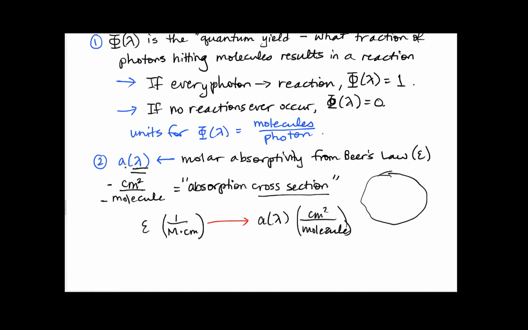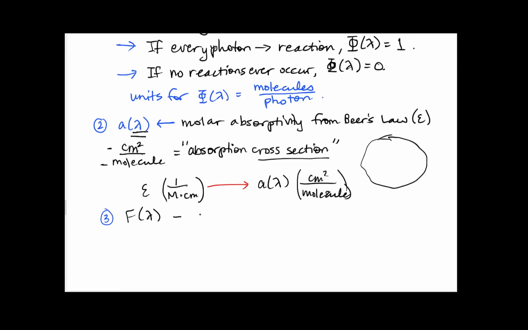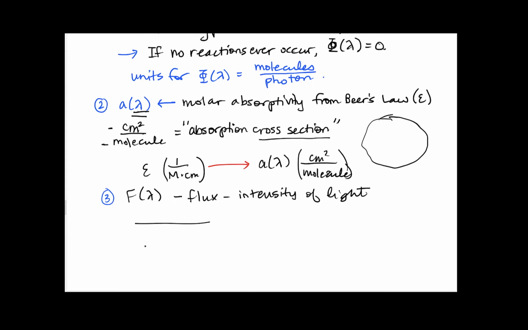So our third component here, this F of lambda, F is for flux, and this is the intensity of the light. The flux of photons. So flux is sort of an unfamiliar term for most of us unless we've taken some engineering classes or something like that.